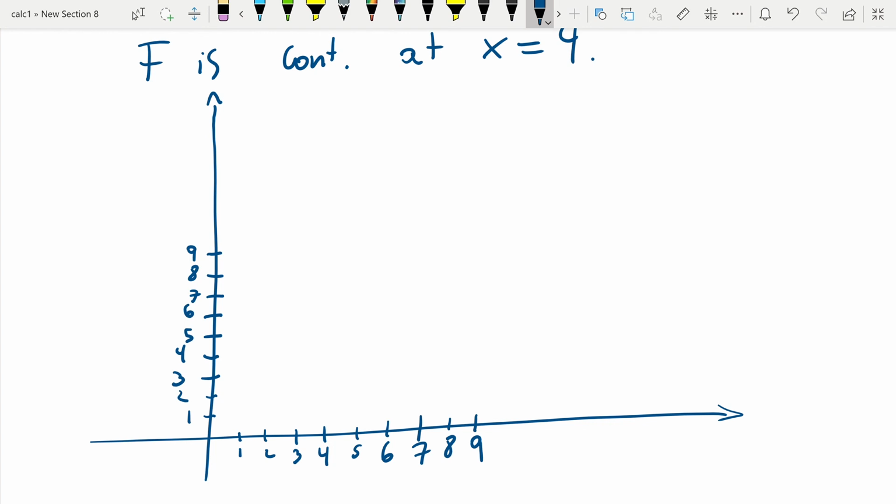So between minus infinity and 2, capital F is equal to x squared, but it's not equal to x squared at 2, so you have a hole there.